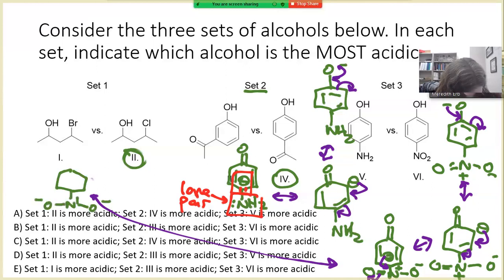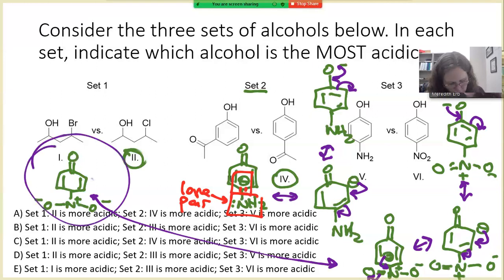We have the N still +1 charge, but now both oxygens are negatively charged. And so this is the key resonance contributor that shows how that nitro group is stabilizing, because it's pulling the electron density away towards itself. We can actually push it out onto the nitro group. And so that's going to be, again, an extra stabilizing resonance contributor. So more resonance contributors for molecule 6 versus molecule 5.